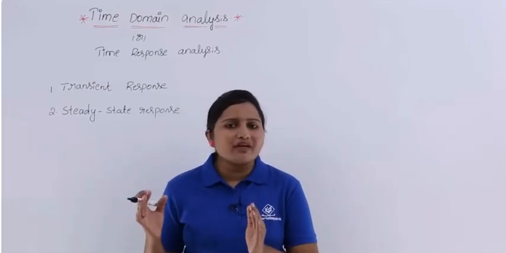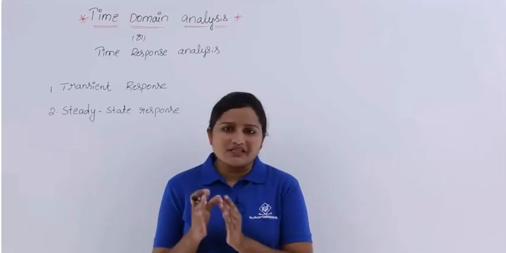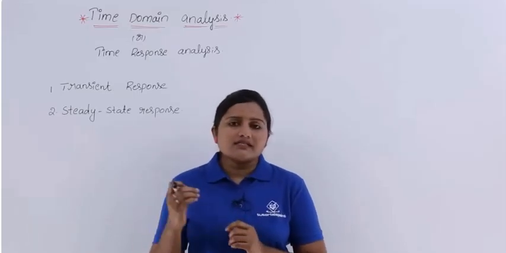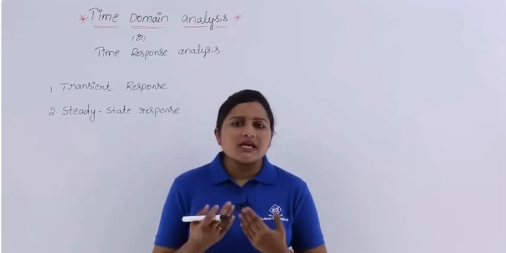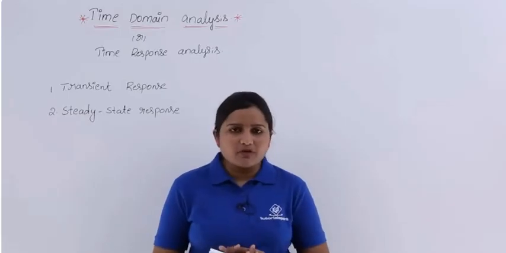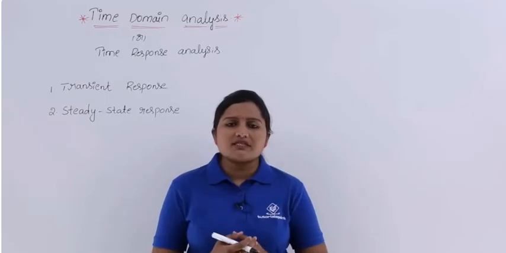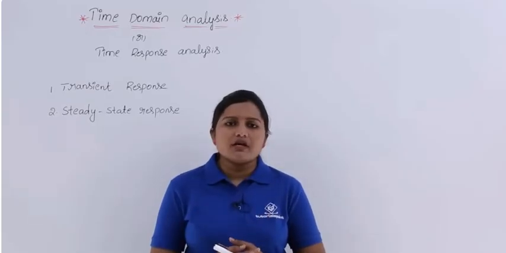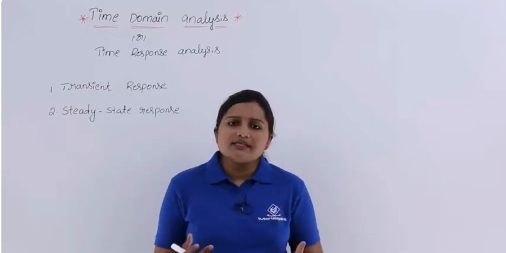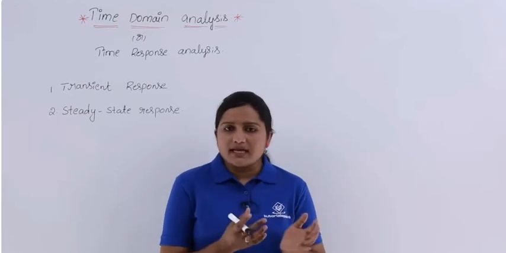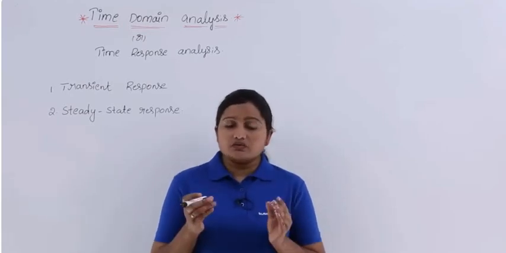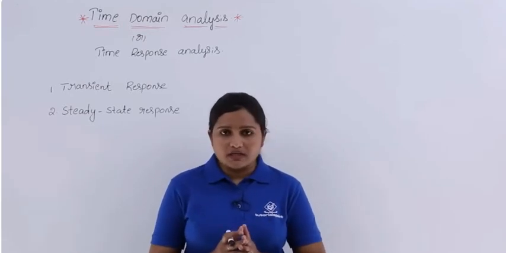We need to see the variation of the output C of t. That is called time response analysis. With this, we can study the stability of the system and the accuracy of the system. So this is very important throughout control systems.